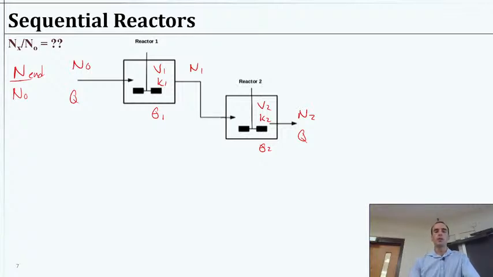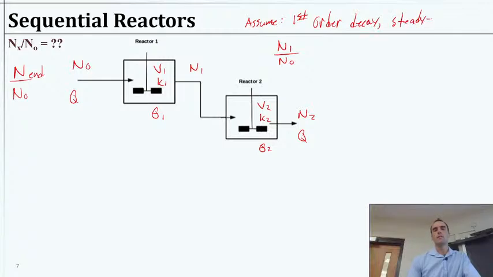We know that we can often find something that looks like N1 over N naught. We've talked about that a lot by now, right? And so if we assume, for the sake of this exercise, that we have first order decay reactions in steady state systems, then this becomes very much like what we've seen before, right?